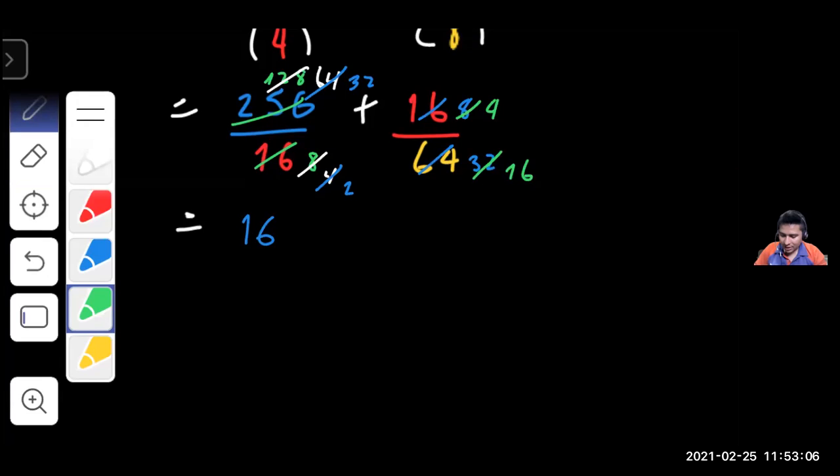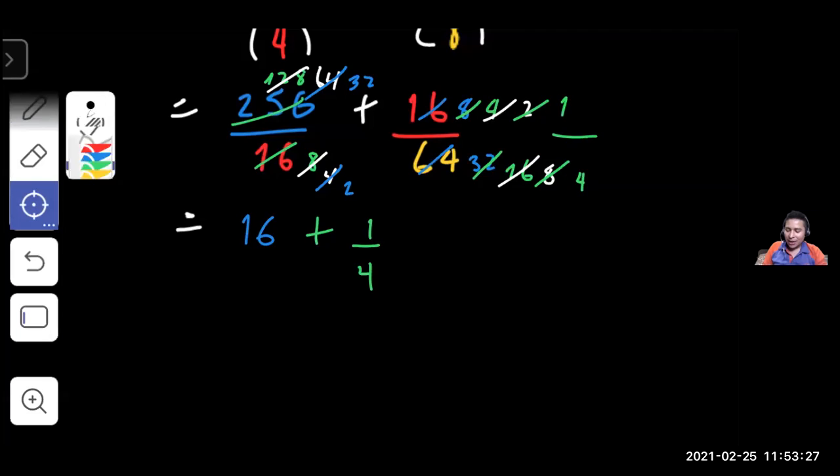And what is the half of 4? 2. And the half of 16? 8. What is the half of 2? 1. And what is the half of 8? 4. Okay, we got 1/4. This is equal to 1/4. Instead of working with 64 and 16, which are big numbers, we can work with this.